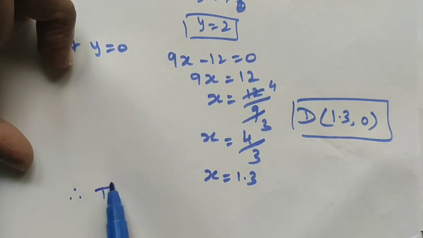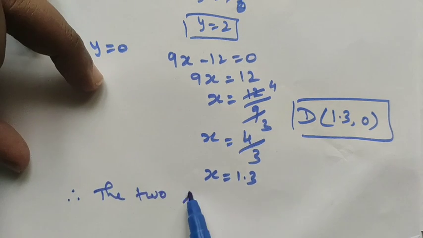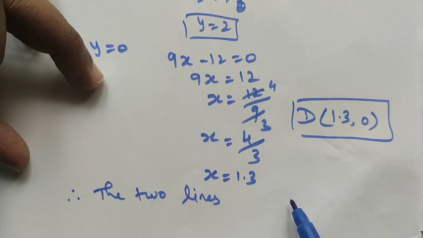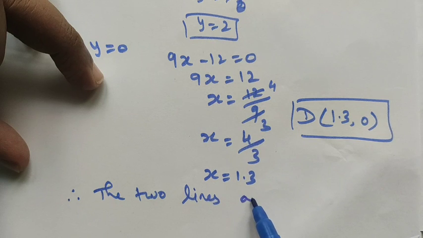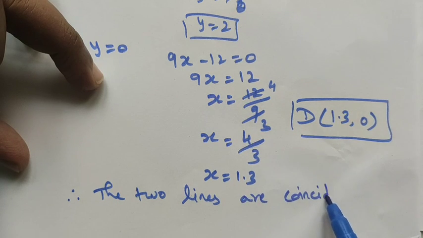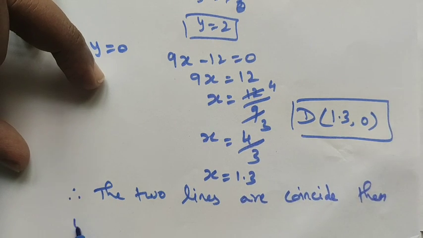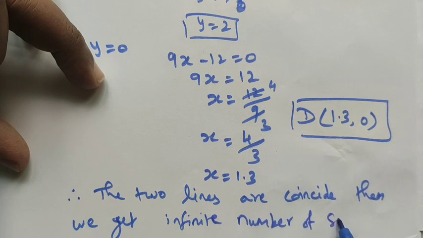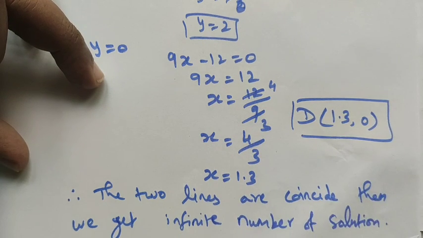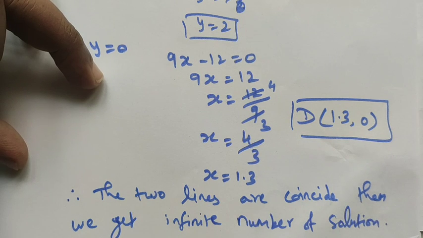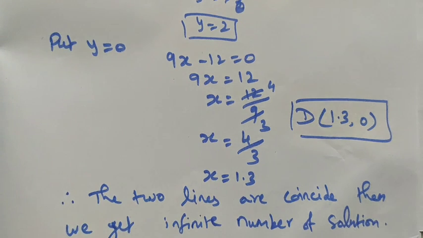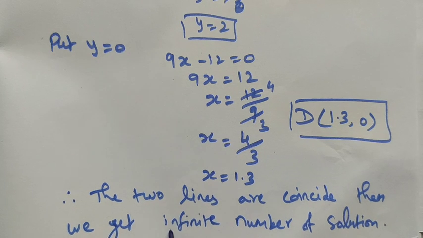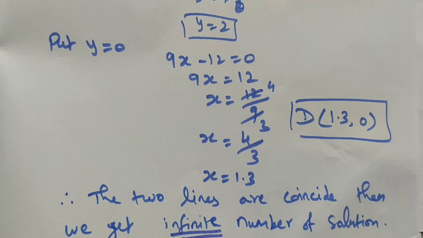The two lines represent the same line, or the two lines coincide, then we get infinite number of solutions. We can write that also. So the two lines coincide and we get an infinite number of solutions here. Thank you, students.